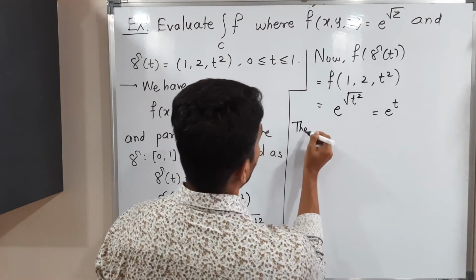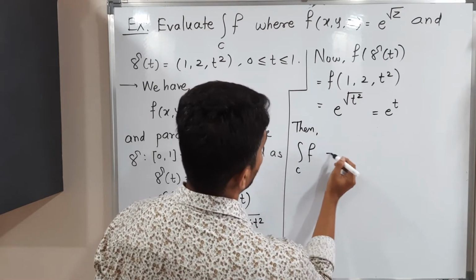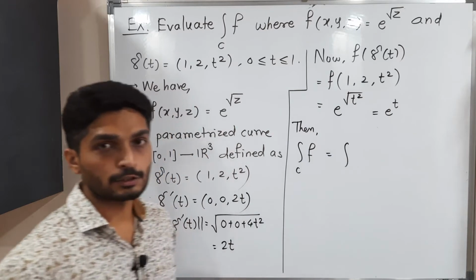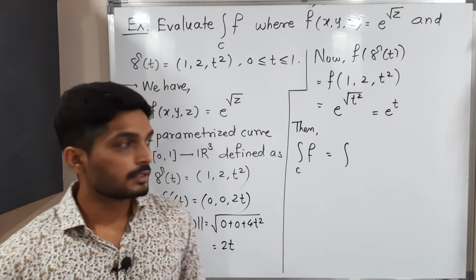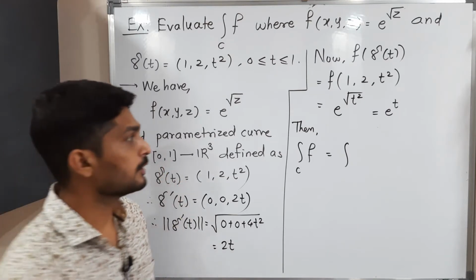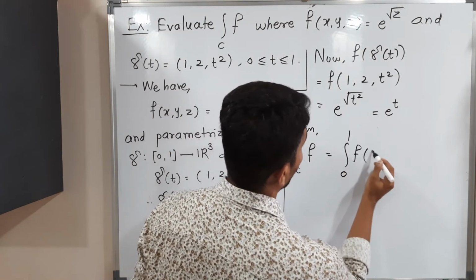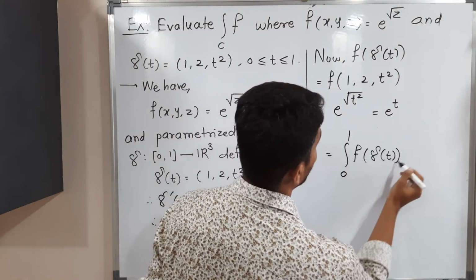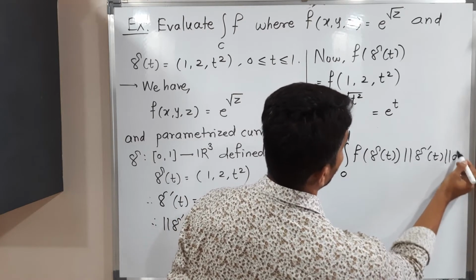Now we can start to solve the line integral of f over C. This is equal to the integration, you know the definition of the line integral of a scalar field. Here gamma is defined on the closed interval 0, 1, so the limits of the integral should be 0, 1. f of gamma of t, norm gamma dash of t, dt.